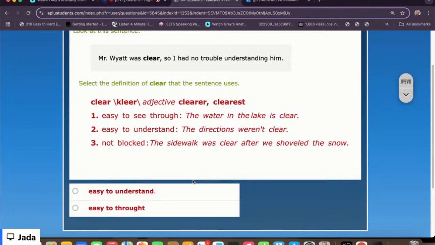First or second? All right, so this is easy to understand.